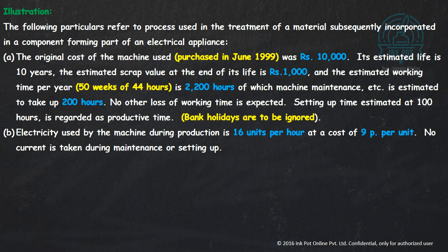So maintenance time is 200 hours, working hours are 2200. No other loss of working time is expected. That means there are no bank holidays, no idle time, nothing. Setting up time is estimated to be 100 hours and it is recorded as productive time. So we are not going to deduct the setting up time from this.